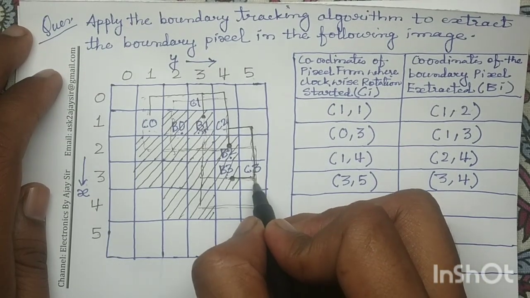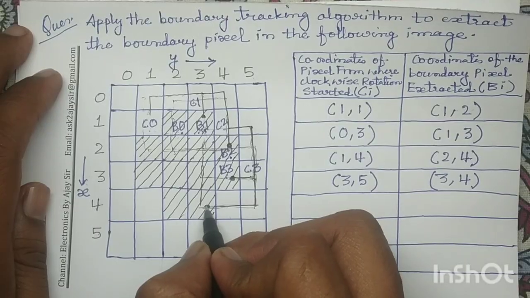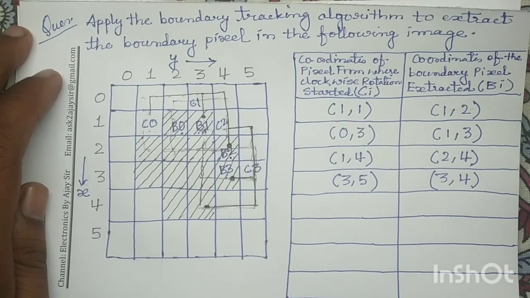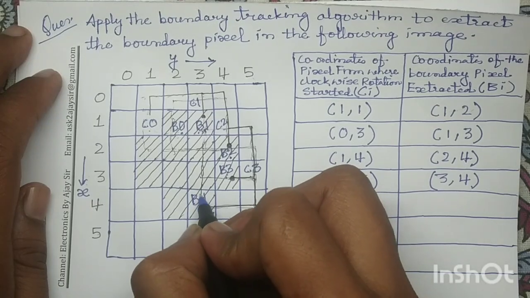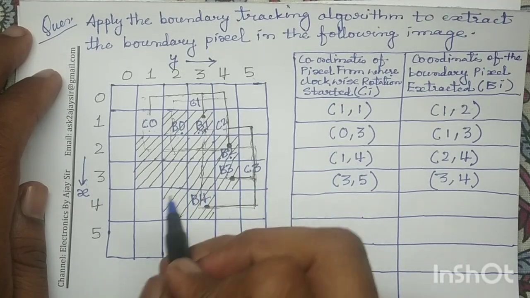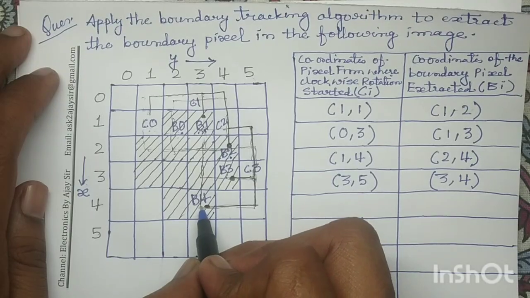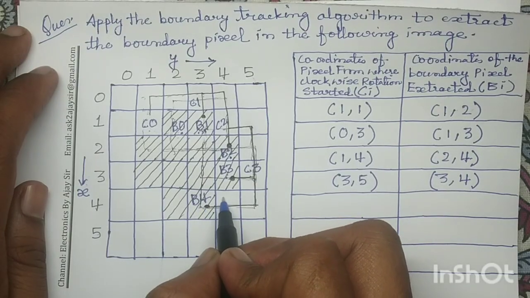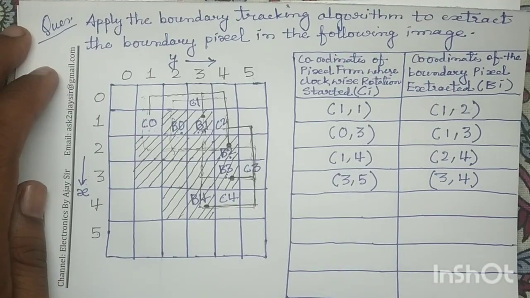So from C3, if we move in a clockwise direction, we will reach this boundary pixel. Now this boundary pixel we will mark as B4. And before reaching B4, this one is my background pixel. So I will mark it as C4.